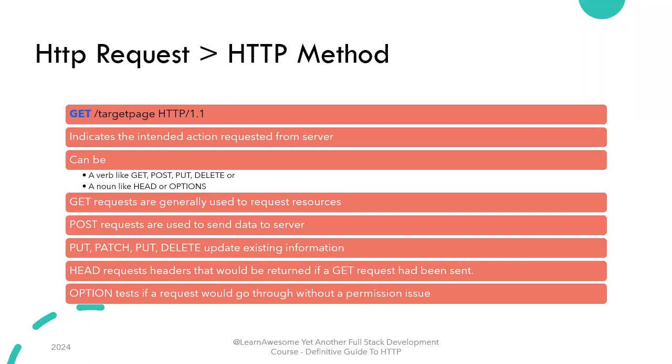Then you can send the actual request and show a scroll bar to user in the interface with the prefetched information. Similarly, options is used to test if a request would actually go through without any permissions issue on the server. For example, sometimes server only allow requests from specific URLs, and you can use options to check whether a request sent by your user agent would be accepted and processed or simply denied before actually sending the actual request.